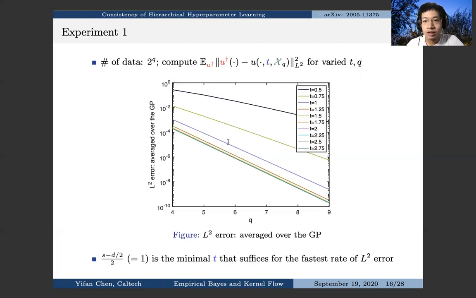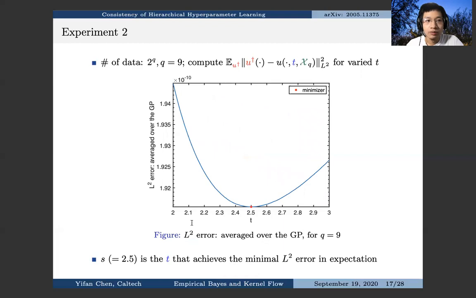However, when t goes beyond 1, the slope rarely changes. That means the convergence rate saturates. So t equals 1 corresponds to the minimum t that suffices for the fastest rate of L2 generalization error. And remember that t equals 1 is the parameter that kernel flow will pick. So that implies the implicit bias of the kernel flow algorithm.